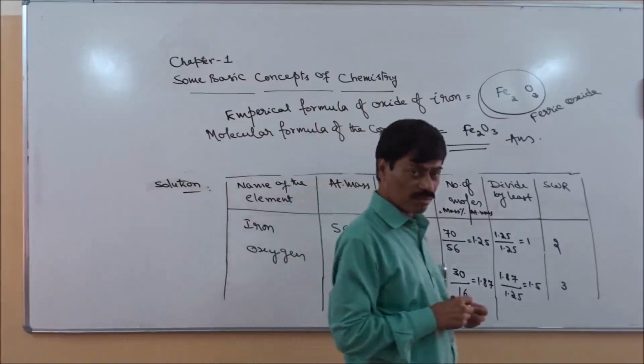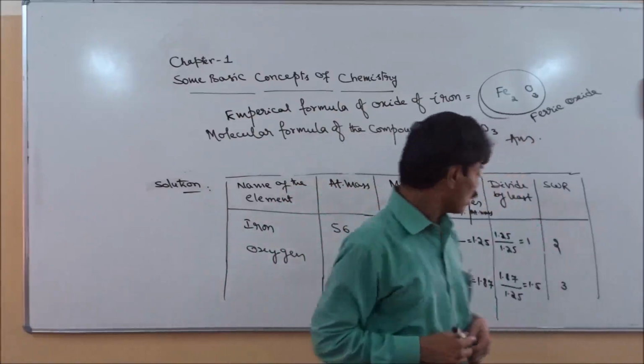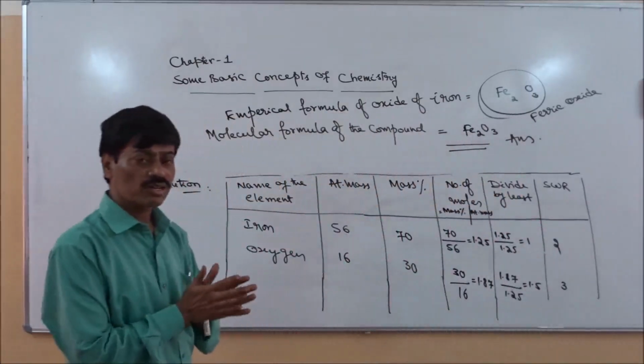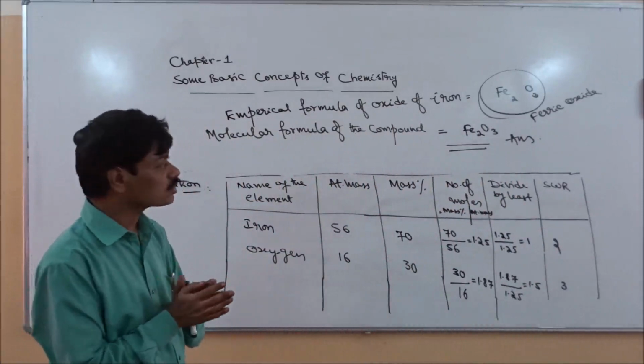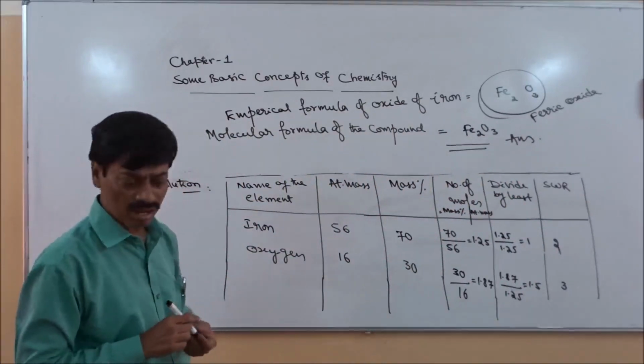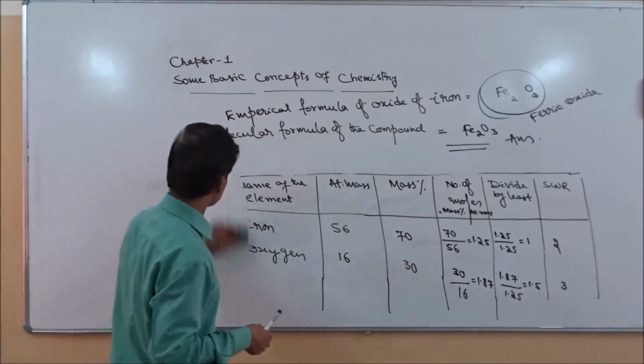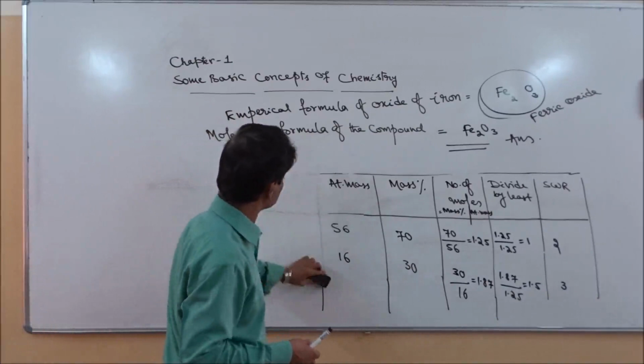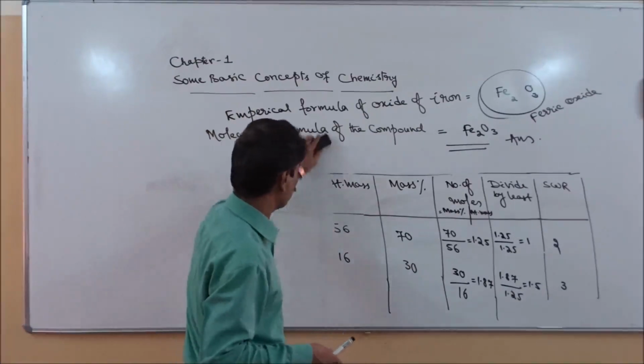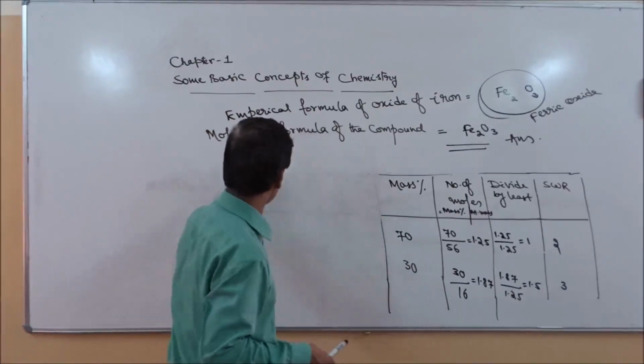I'll give you one more example. Sucrose, that is glucose into 2 minus H2O, that is the molecular formula of sucrose. Let us see, in that case, is it possible to minimize the ratio of different elements present in it?